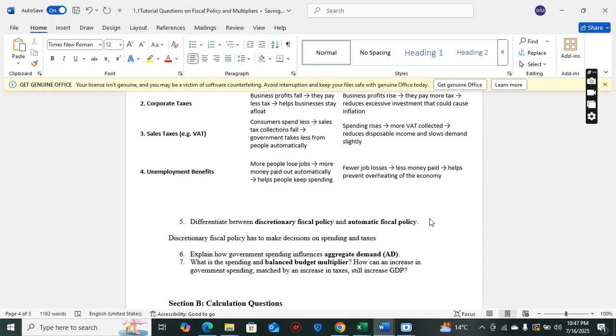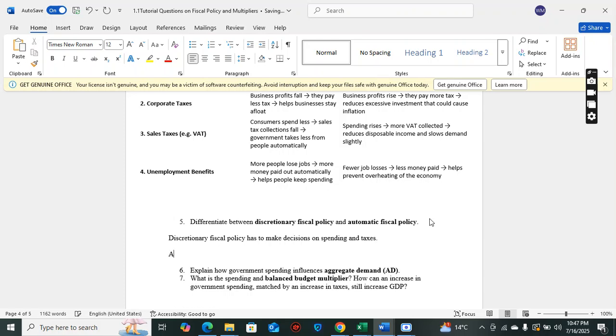Basically, government has to decide and make a move. But with automatic fiscal policy, government doesn't have to do anything.